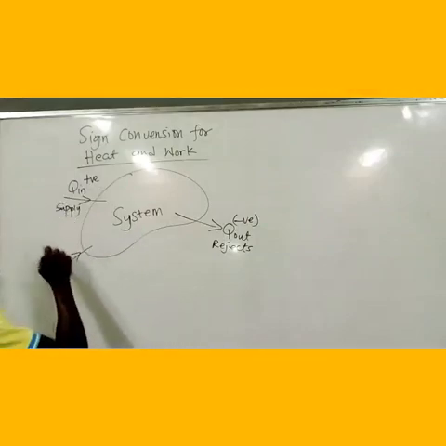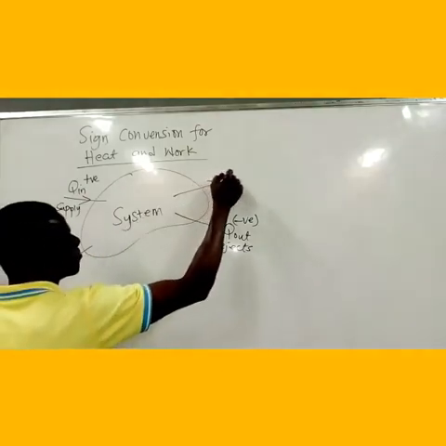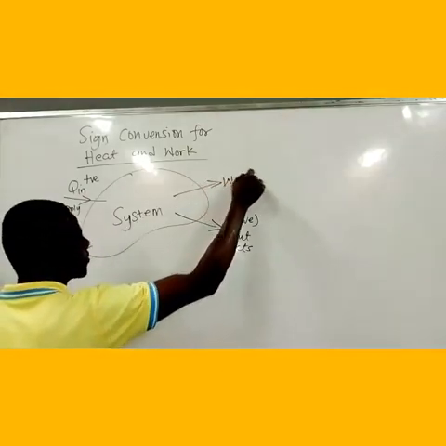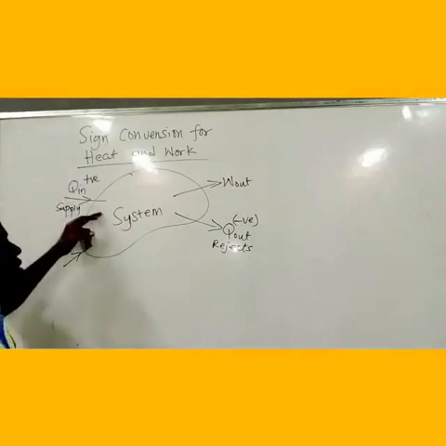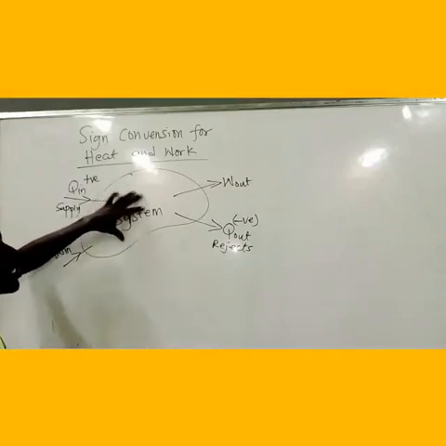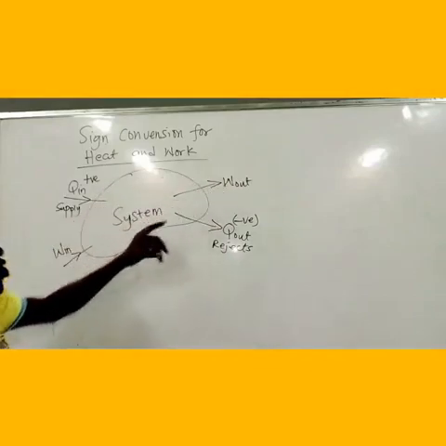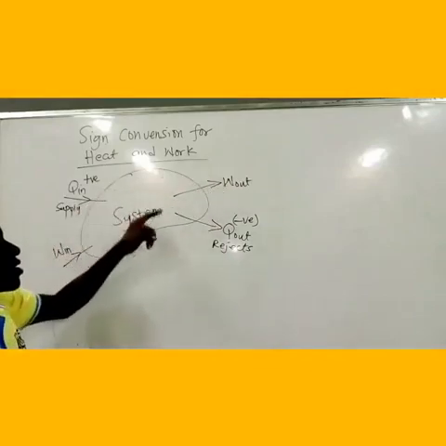Now let's talk about work. Work into a system and work from a system. What we normally do in thermodynamics is to supply heat to a system for the system to do work.